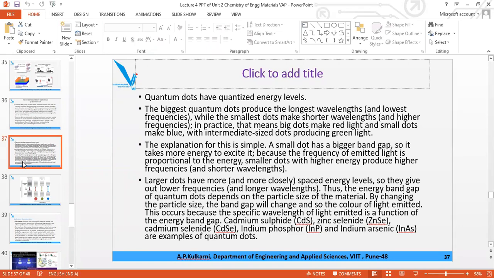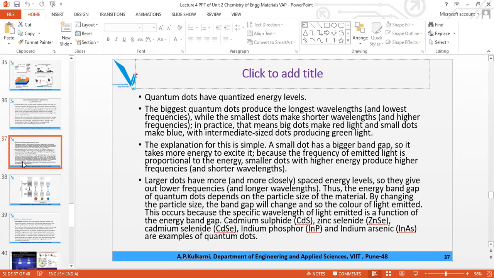Have I made you clear? Yes or no? Yes, ma'am. Okay, so papa is red color, biggest, longest wavelength. Mama is moderate, moderate wavelength, and will be green in color. You are the smallest with the smallest wavelength, and you will give the blue color.